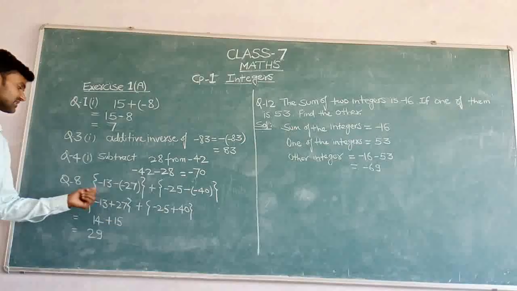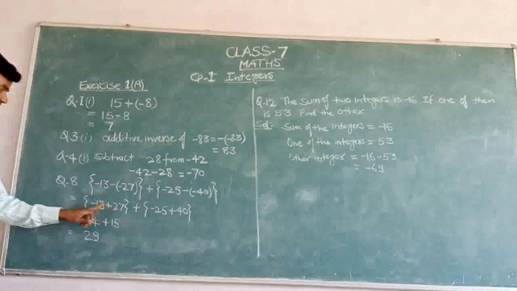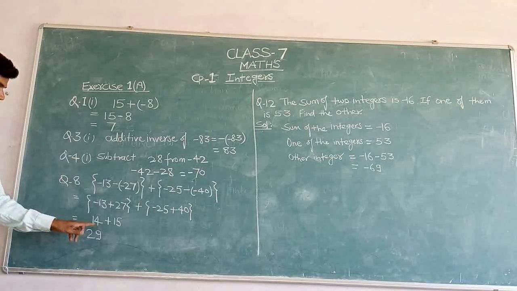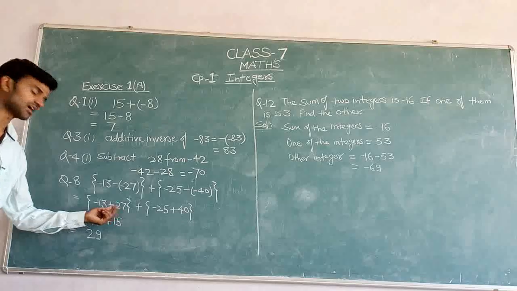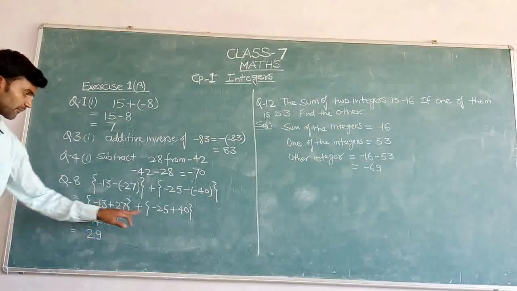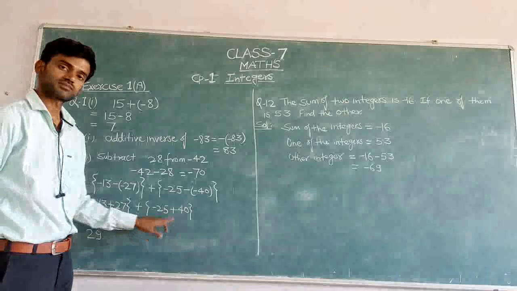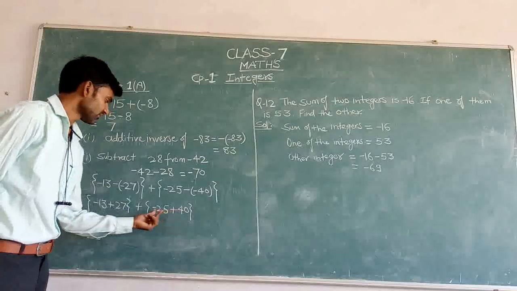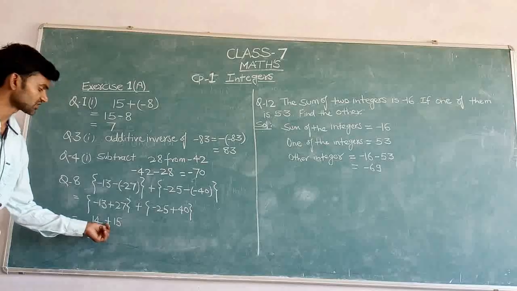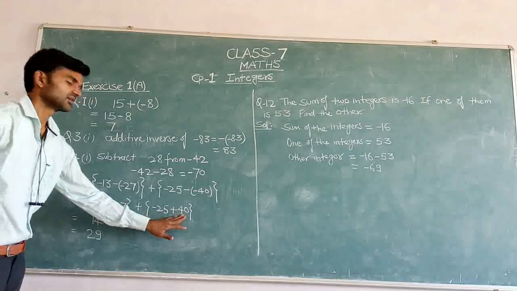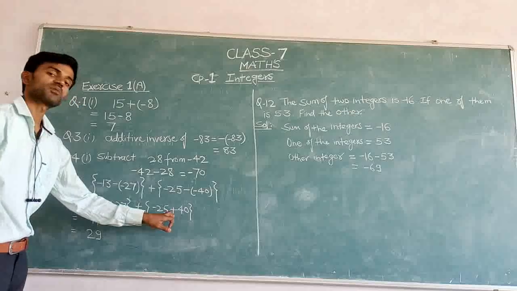So subtract these two. 27 minus 13 becomes 14. 14 is a positive integer because the greater integer has a positive sign. Now in the second step, 40 minus 25 becomes 15, and it is a positive integer because 40, the greater integer, has a positive sign.